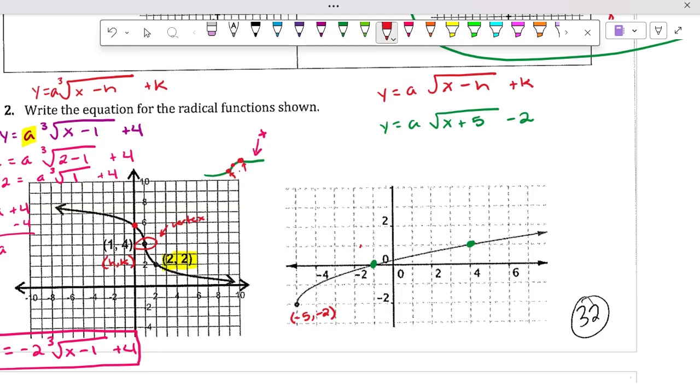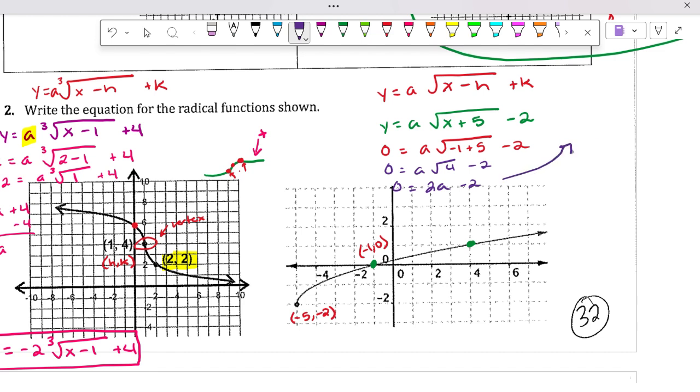So I'm going to plug in -1, 0 for x and y. So this will be 0 equals a square root of -1 plus 5, minus 2. What's -1 plus 5? 4. So a square root of 4, minus 2. What's the square root of 4? 2. So 0 equals 2a, because we're multiplying that a by the square root of 4, so it's 2a minus 2.